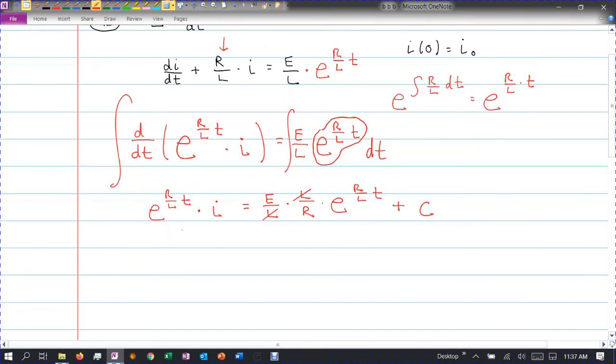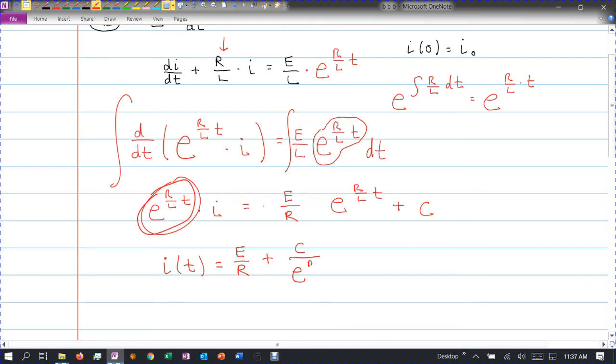So this is going to be capital E over r. And now I divide through by this. So we get I, which winds up being a function of t, is equal to E over r plus C over e^((r/L)t). All right, that's it right there.